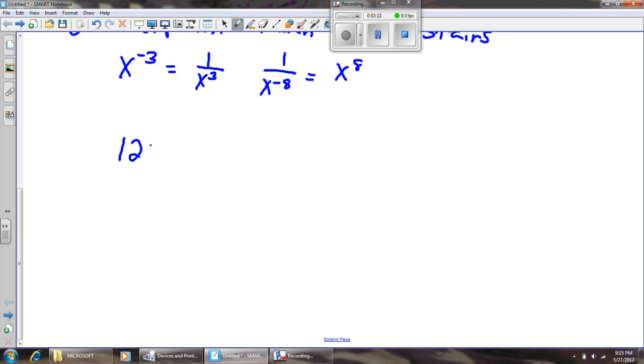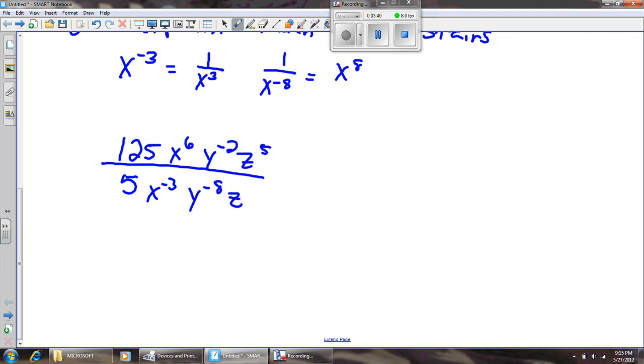Say 125, x to the 6th, y to the negative 2nd, z to the 5th, and that's all going to be over 5, x to the negative 3rd, y to the negative 8th, z to the 10th. Well, my numerator is going to have a 25 in it. This x to the negative 3rd is going to go upstairs and become positive and combine with an x to the 6th to become x to the 9th.